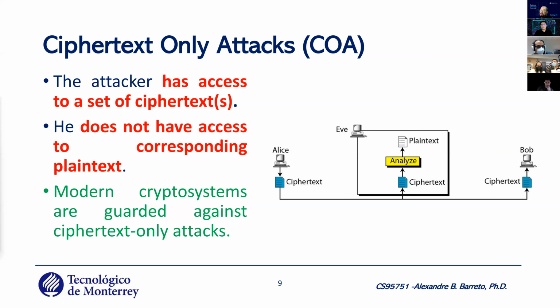In the frequency analysis, for example, in the Caesar cipher, you cipher the message using the Caesar, and if the message is in English, the most frequent letter is the letter E. If you have a big text, for example, a letter, there is a good chance that you have a lot of the same cipher letters.